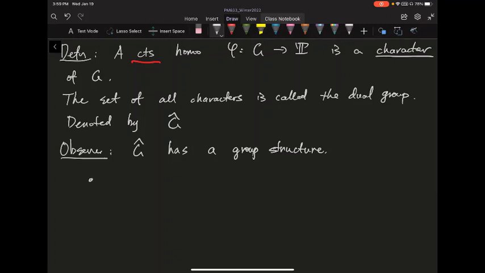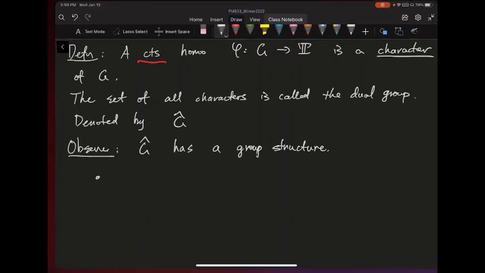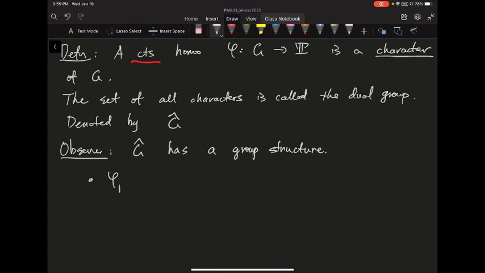First of all, you have an identity: say phi 1 is the map which maps everything to 1. So phi 1 is the identity, and the multiplication is given by pointwise multiplication.